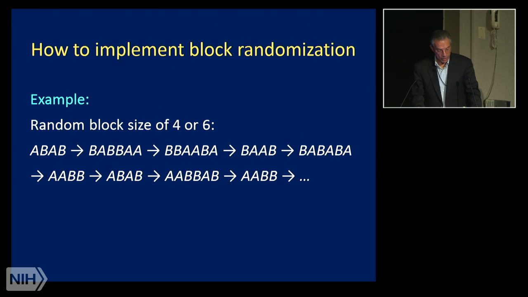Here, the first time it picked a block size of 4, and it picked randomly the block among the permutations. Then between 4 and 6, it picked 6, and then it picks randomly that particular block out of all possible permutations, and so on. So basically, we've added another layer of randomness. The first randomness is the block size, and the second randomness is the permutation within that block size.